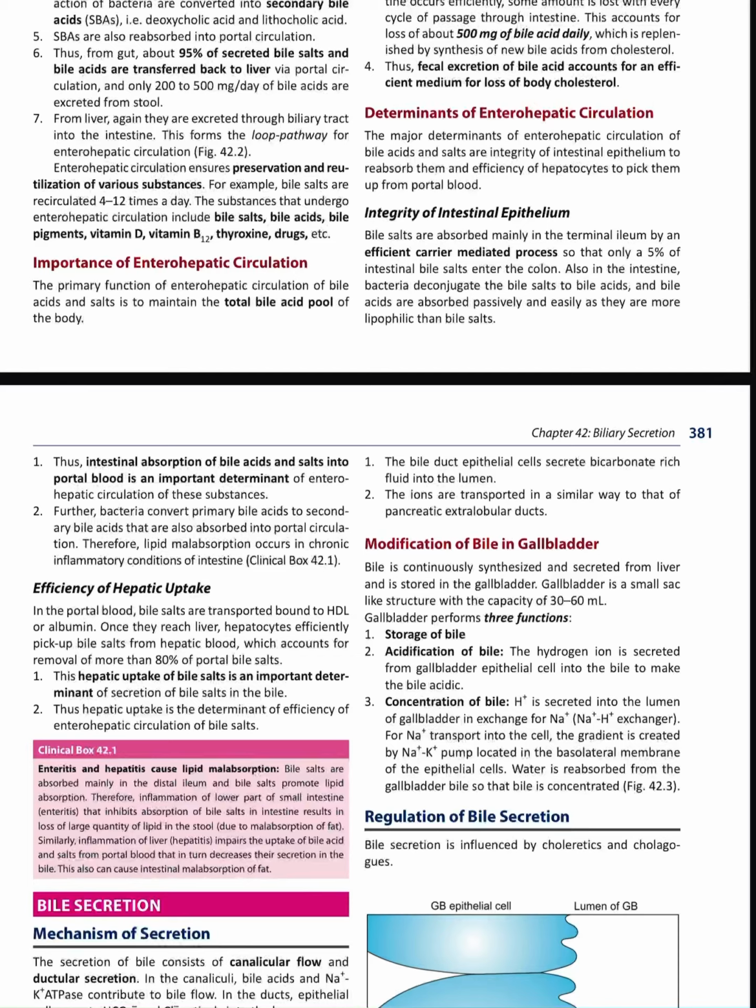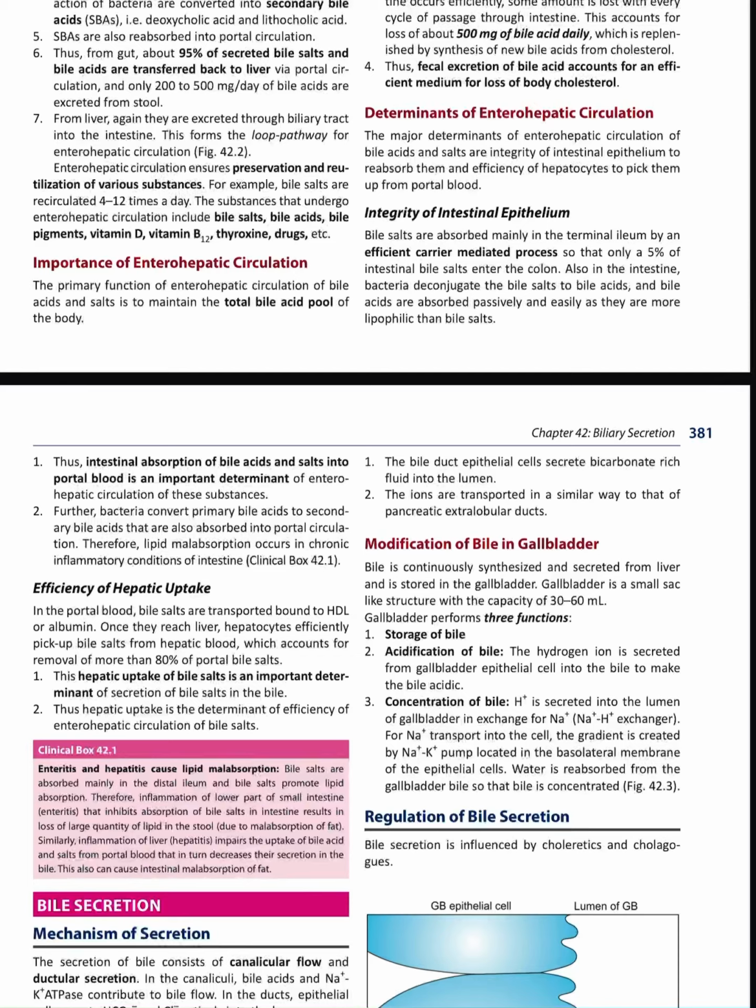Once they have reached the liver, hepatocytes efficiently pick up the bile salt from the hepatic blood, which accounts for removal of more than 80% of portal bile salt. This hepatic uptake of bile salt is an important determinant of secretion of bile salt in the bile. Thus, hepatic uptake is the determinant of efficiency of enterohepatic circulation of the bile salt.